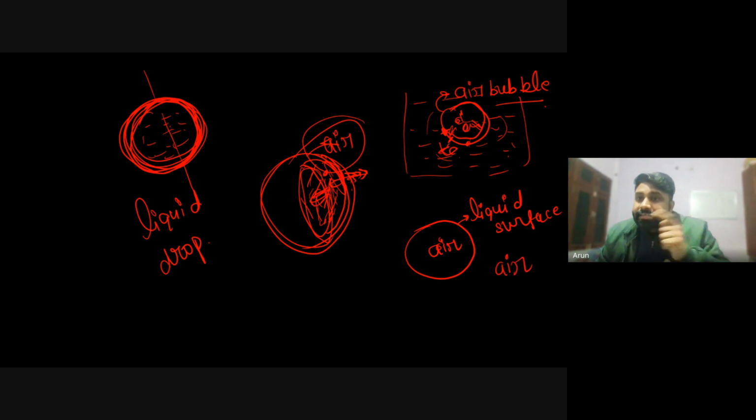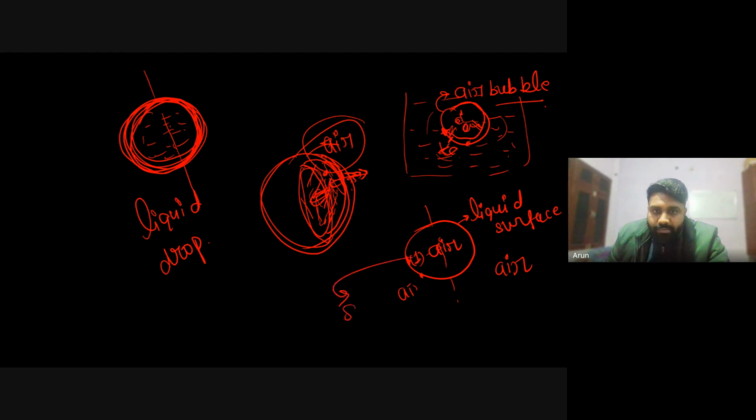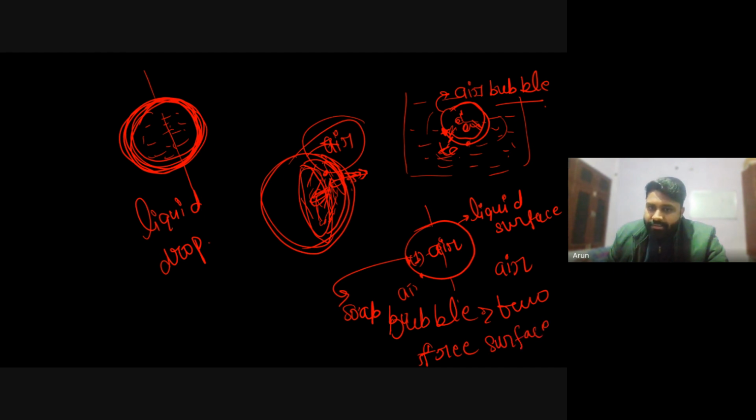So how many interacting surfaces are there? Air and liquid, this is the first interaction. And the outside air and the outside of the film will have the second interaction. So here we have two surfaces of interaction. So in a soap bubble, we have two free surfaces over the contact surfaces.